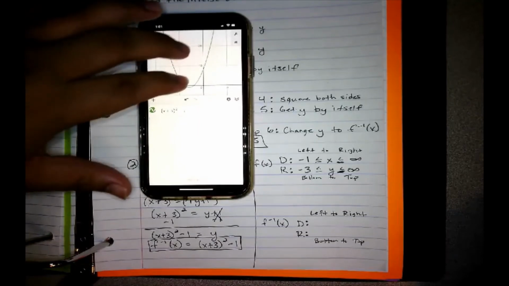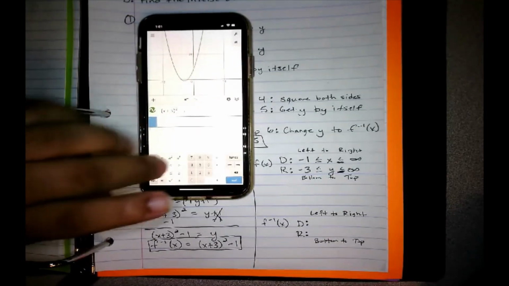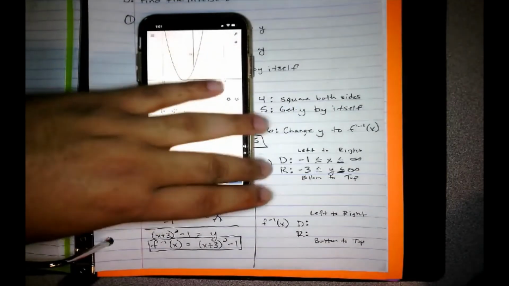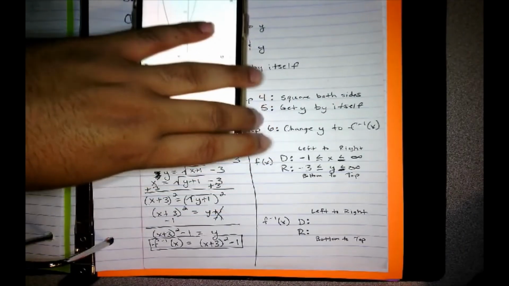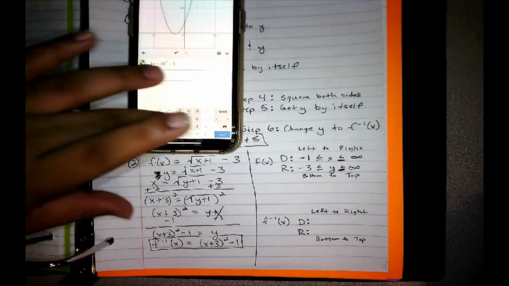Let me graph the original one real quick, square root of x plus 1, so you can see both of them together.